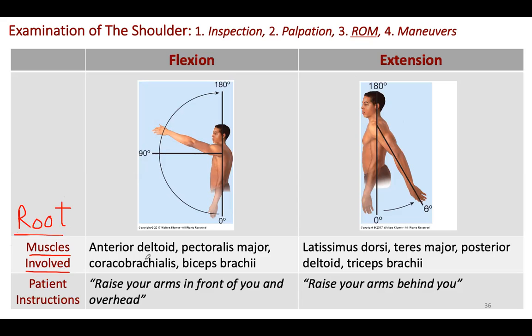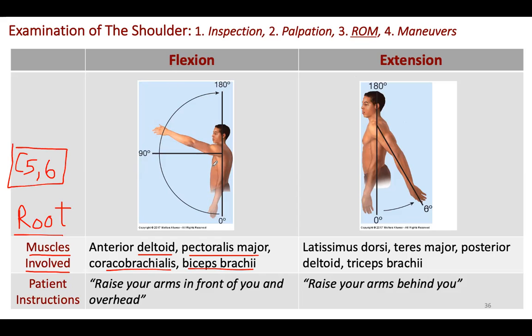Let's say it is carried out by the anterior fibers of deltoid, by the pectoralis major, by coracobrachialis, and by biceps brachii. Let's say that these different muscles receive nerve supplies that originate from C5 and C6. I'm just giving examples, throwing numbers. The exact numbers will be found in the PowerPoint of the spine part of the musculoskeletal.